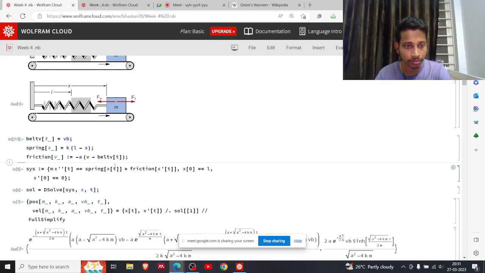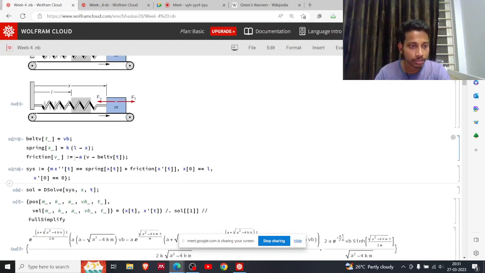So spring x t plus friction x dash t. So this gives the equation of motion, with at t equal to 0 the spring uncompressed, so x0 equal to L, and the velocity is 0, so x dash 0 is 0. Now we have to solve this equation.